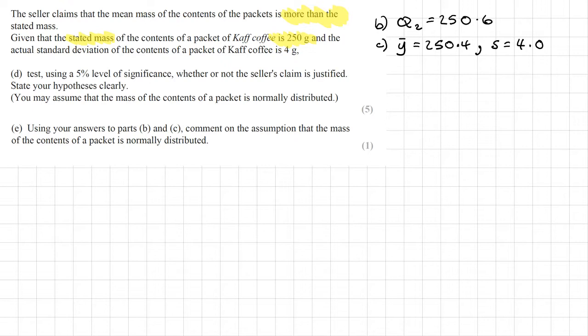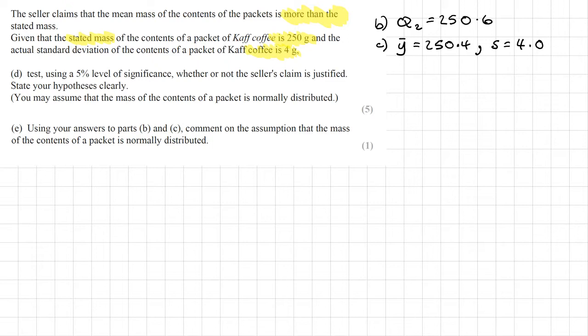Okay, and that's pretty much what we had worked out for the mean and the standard deviation. We need to test at the 5% significance level whether or not the seller's claim is justified. Stating your hypotheses clearly, you may assume that the mass of the contents of a packet is normally distributed.